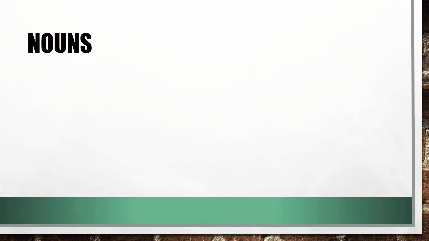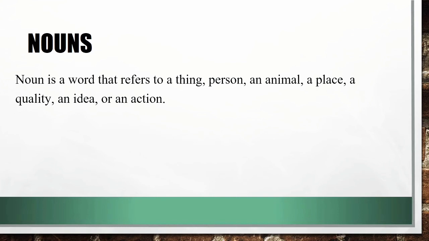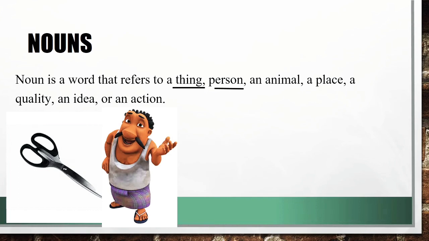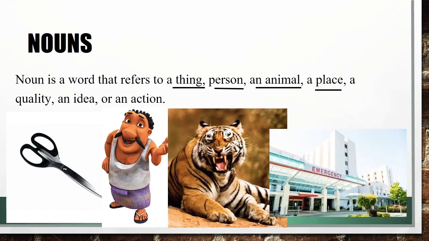Okay, next we are going to talk about nouns. Do you know about nouns? What is a noun actually? A noun is a word that refers to a thing, a person, an animal, a place, a quality, an idea, or an action.